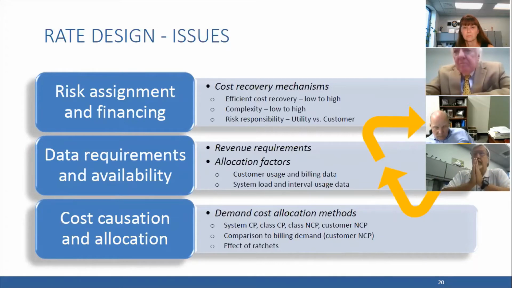And then system load and interval usage data. And now interval usage data, we're going to talk about a little bit more, because intervals are like how much is being used in this hour. So we have an advanced metering infrastructure that measures hourly usage for all customers, and that's a big advancement in technology and data availability, and we want to take advantage of that.